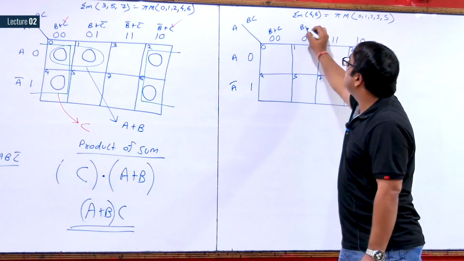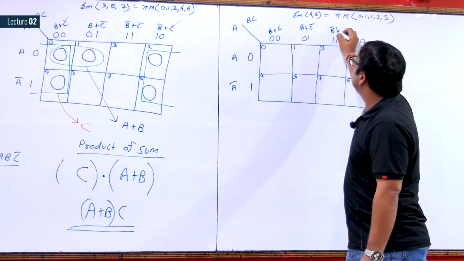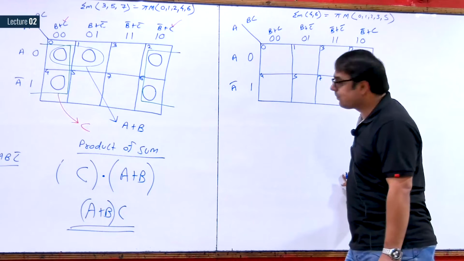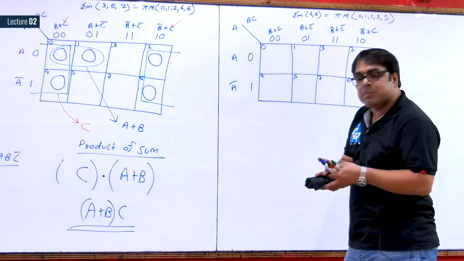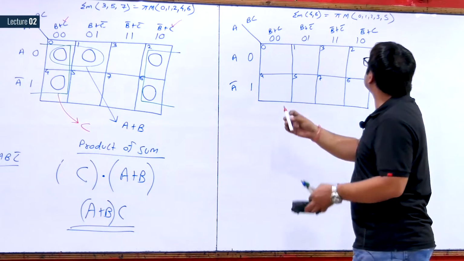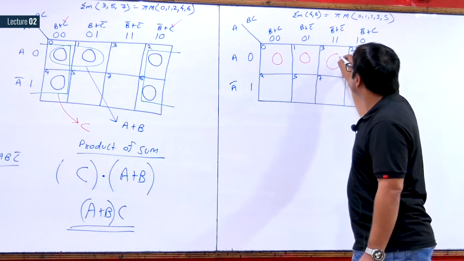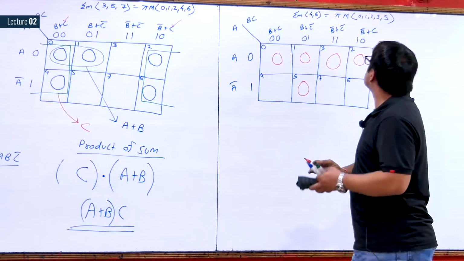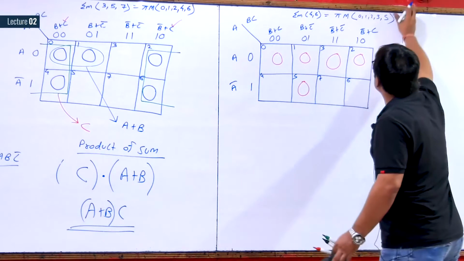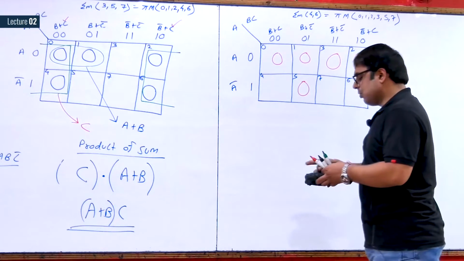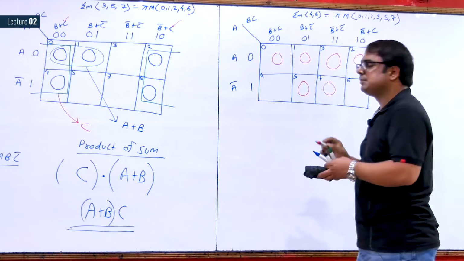B plus C, B plus C complement, B complement plus C complement, B complement plus C. What are the max term numbers? Max term numbers are 0, 1, 2, 3, 5. Sorry, 7 is also there. I have missed 7. Please mark it.